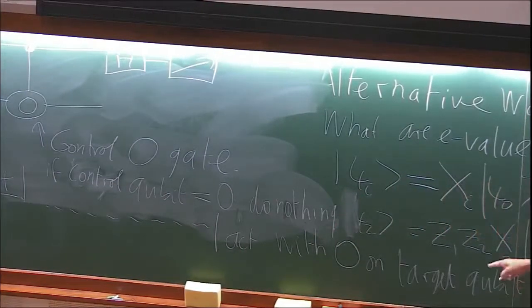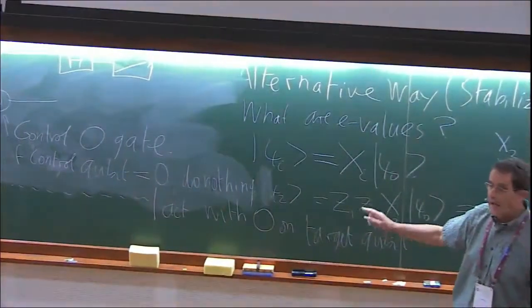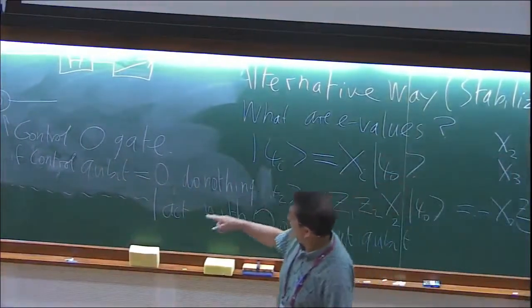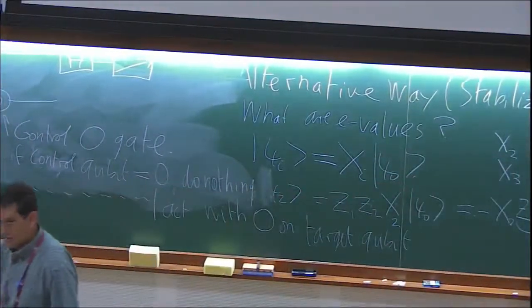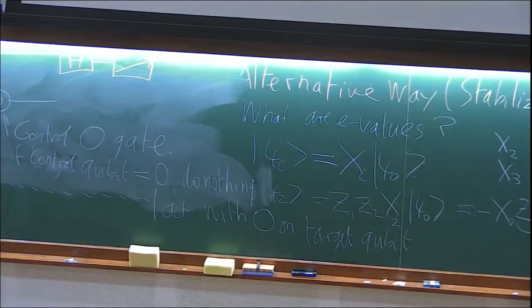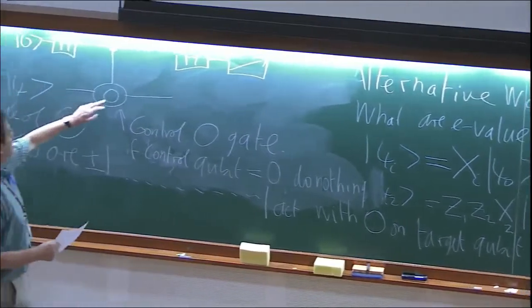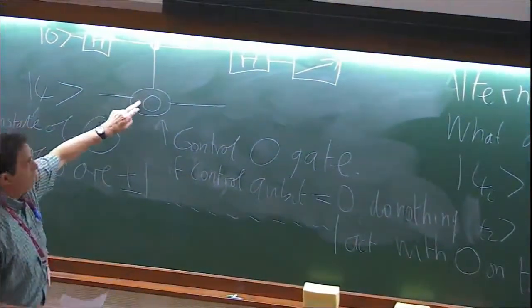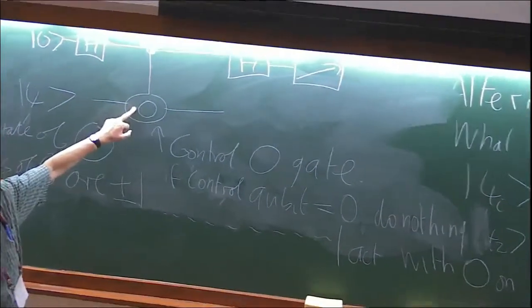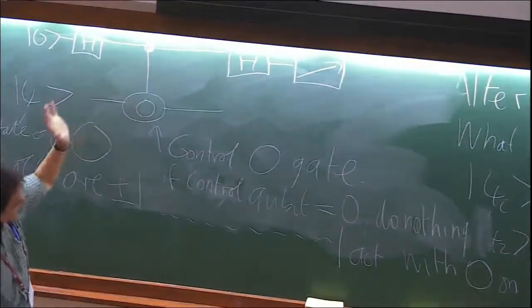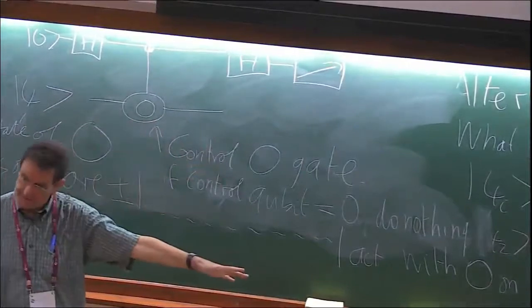So if the target qubit is in an eigenstate with eigenvalue 1, again, you do nothing. If the target qubit is in a state with eigenvalue of O equal to -1, then you act with O on it, which changes the sign.